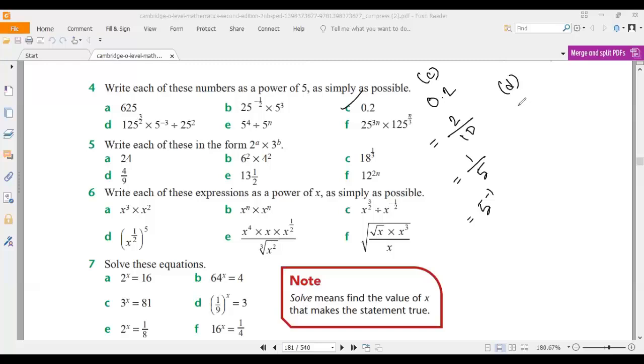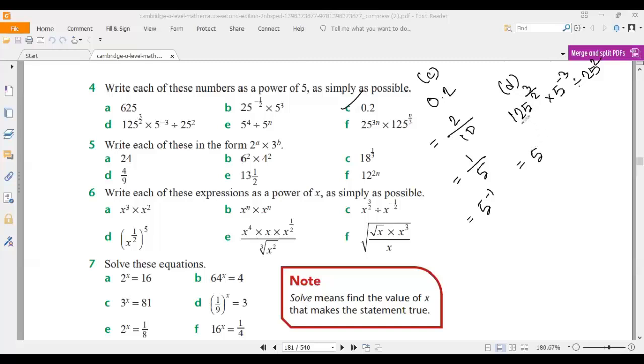Now, question number D. Question number D says 125 to the power 3 by 2 multiplied by 5 to the power minus 3 divided by 25 squared. So what does 125 mean? 125 can be represented as 5 cube. We have already seen this one.